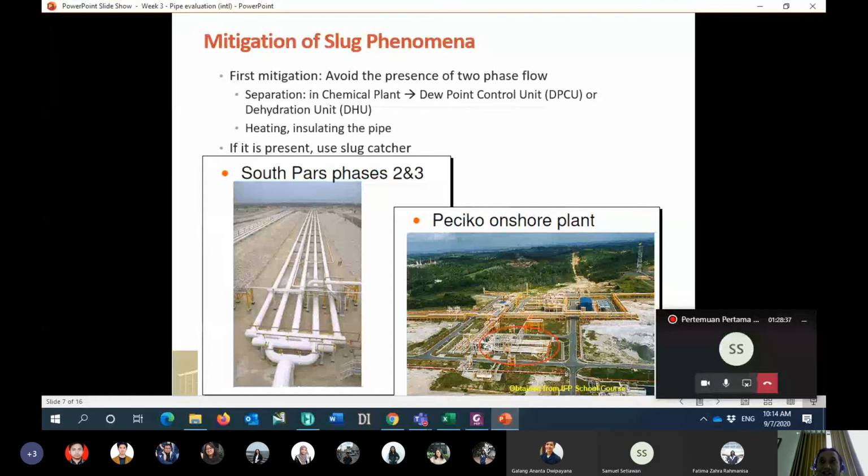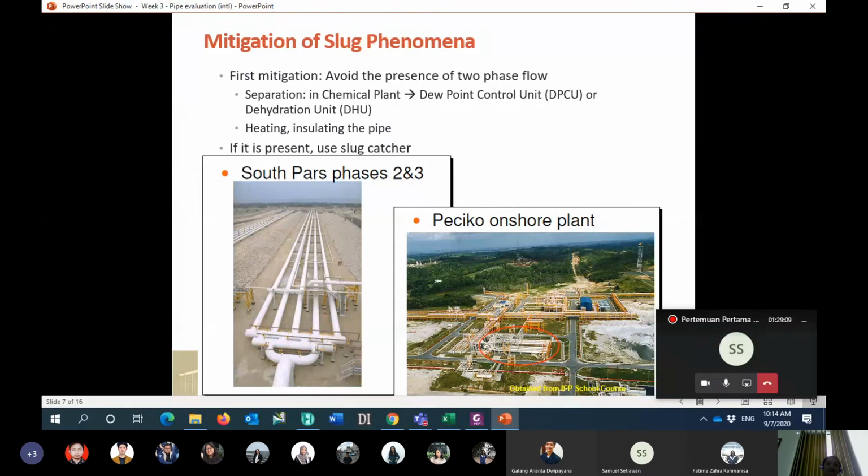Or if it contains heavy hydrocarbon, for example C6, C7, C8, try to remove that in a unit called the dew point control unit, or DPCU. DPCU is actually used to drop or knock out any heavy hydrocarbon that exists in your gas.